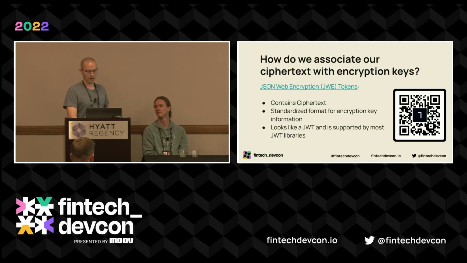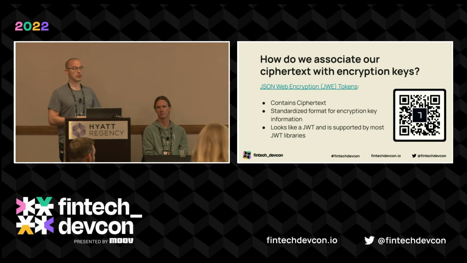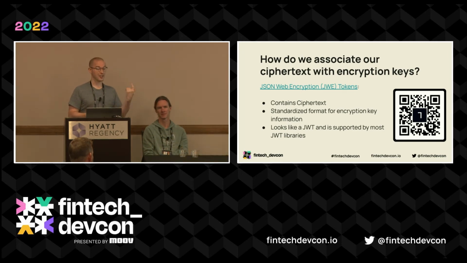So we want to actually start digging into how we solve this problem. Most of us know what JSON Web Tokens are: there's a header, a body, and typically some sort of signature on the end of a JWT. Most people, though, don't realize there's actually another spec out there called JSON Web Encryption.